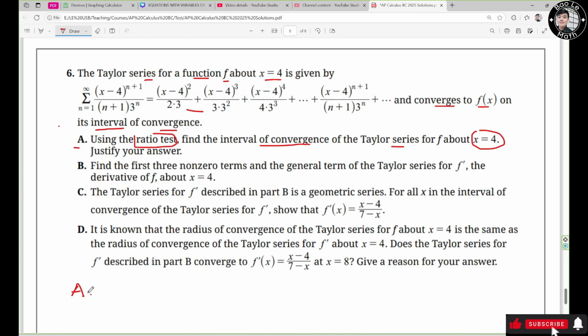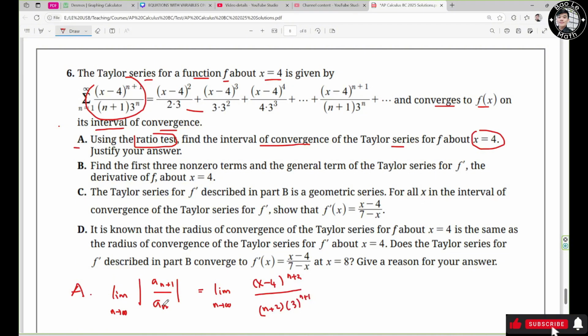Alright, so we have the ratio test, which means the limit of the absolute value of a sub n plus 1 over a sub n when n approaches infinity is the same thing as the limit when n approaches infinity of this guy right here, a sub n plus 1, which means (s minus 4) raised to the n plus 2 over (n plus 2) times 3 raised to the n plus 1, right?